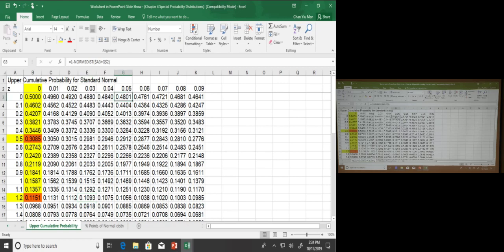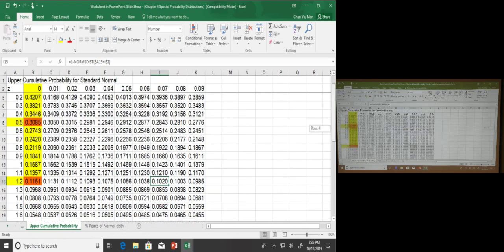No. Just now we tried to fix the z. These are the possible z values. We combine the first decimal place and second decimal place to get the z value. This is the probability. Now I want to find the z such that the probability greater than it is 0.05. Is this 0.05? No, it's 0.1.